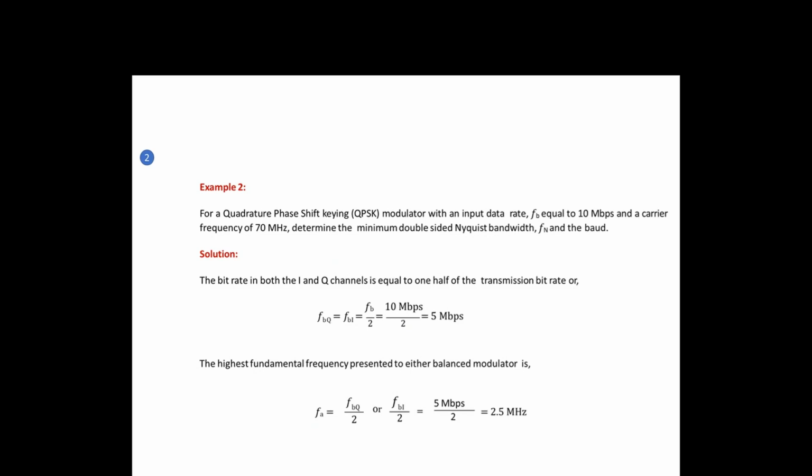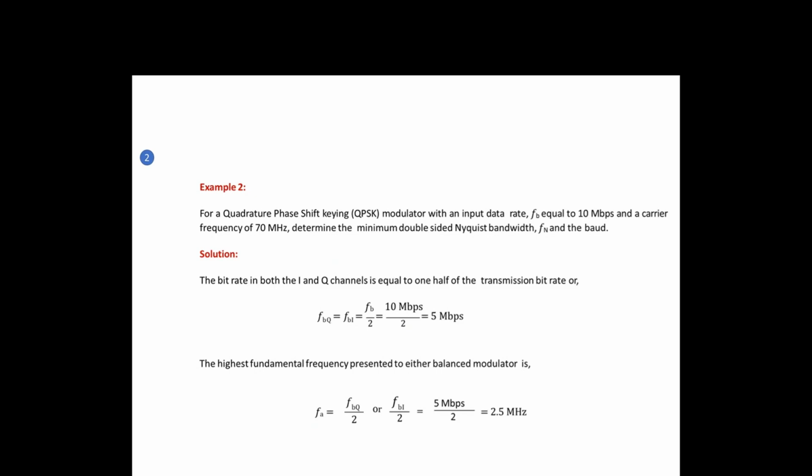So for the QPSK signal, they have given the input data rate FB equal to 10 Mbps and carrier frequency FC equal to 70 megahertz.